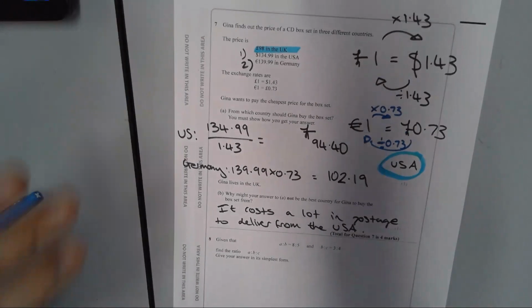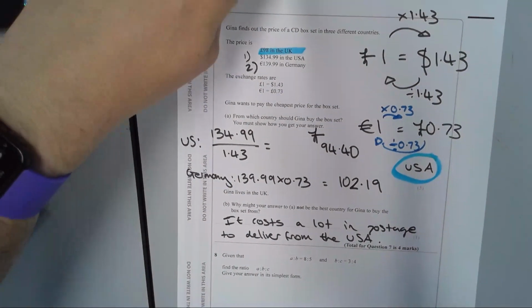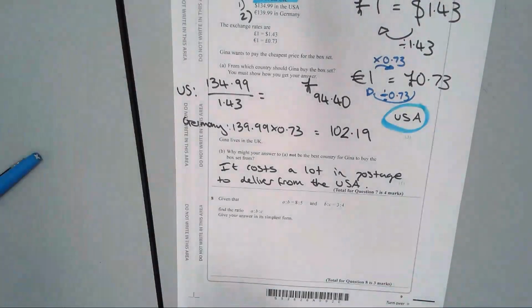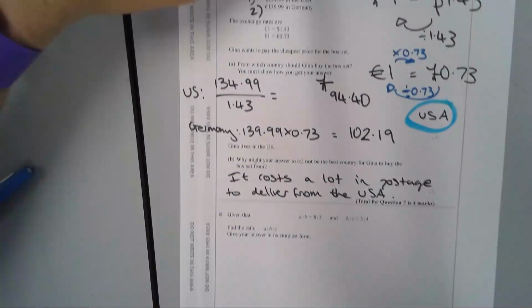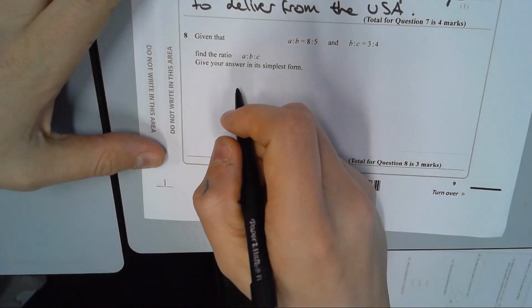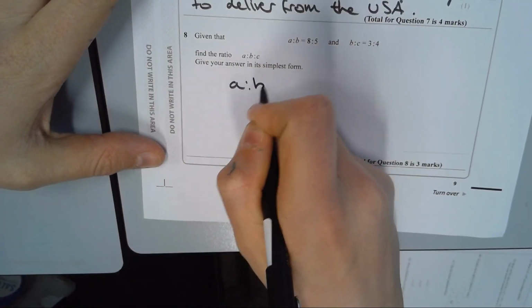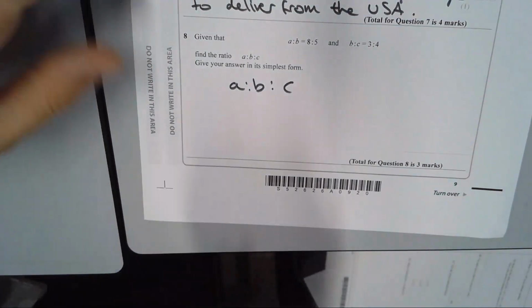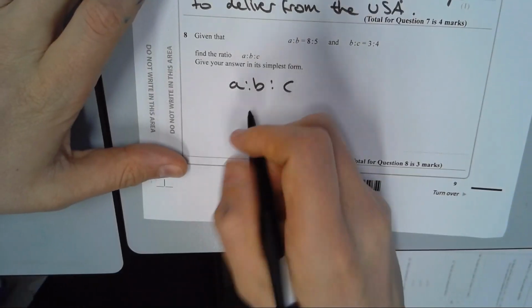And then we've got question 8. We've got some ratios given to us here. I'll zoom in a bit closer to it so we're not focusing on question 7 so much anymore. We've got our original ratios, a to b, and we want a to b to c. So we have 8 to 5.